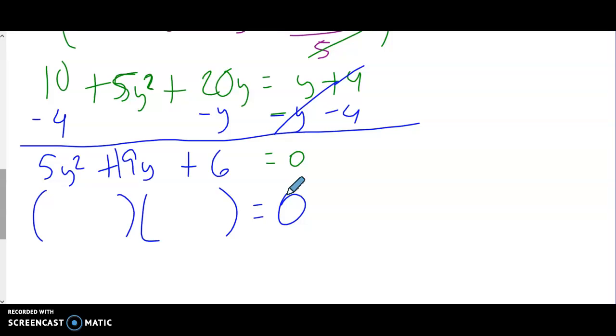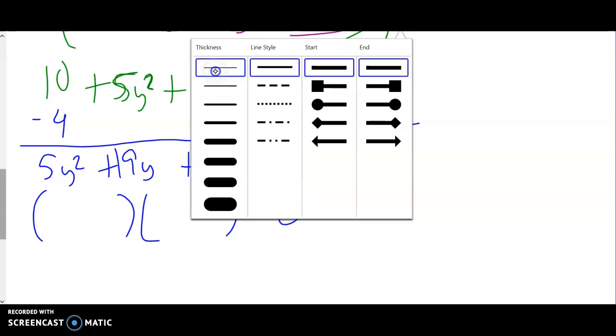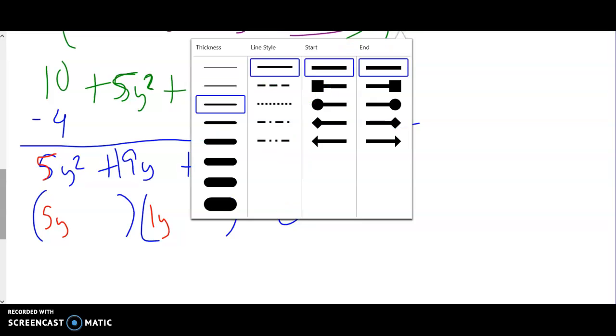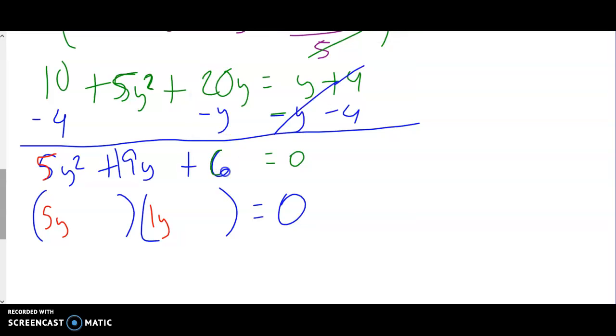I'm going with guess and check because this is prime, so there's not a lot of options. 5y and 1y. And then we have 6 on the back end. So not a lot of options there either. 3 times 2 or 6 times 1. Let's see if we can get to it that way. Get to this 19y in the middle.